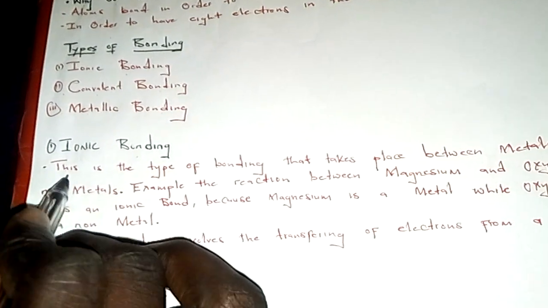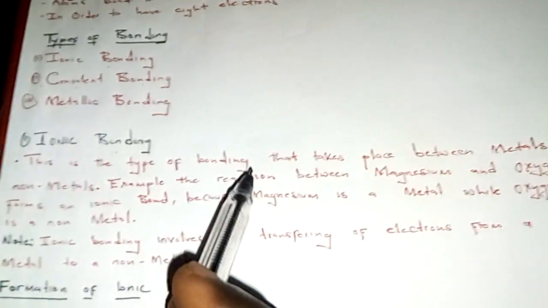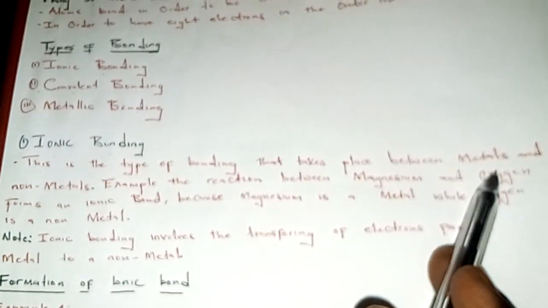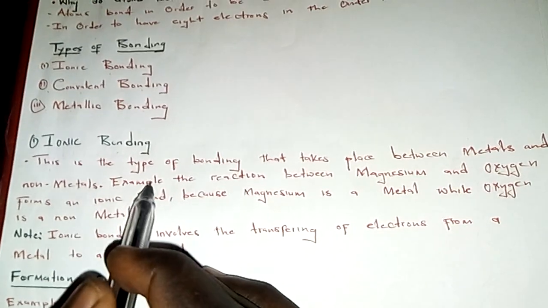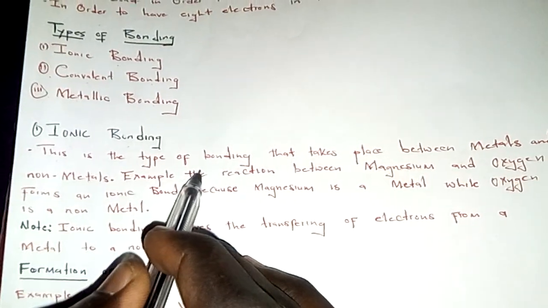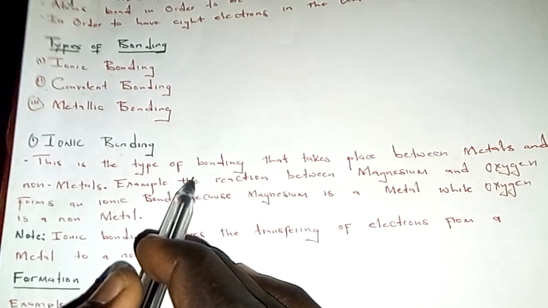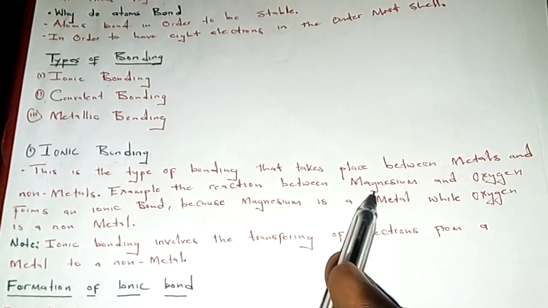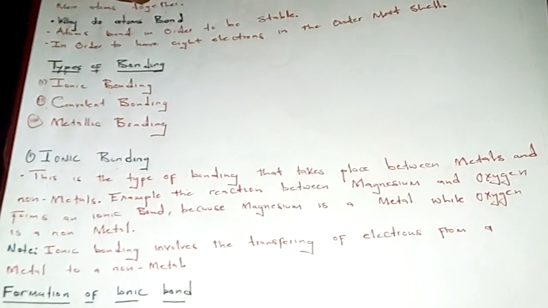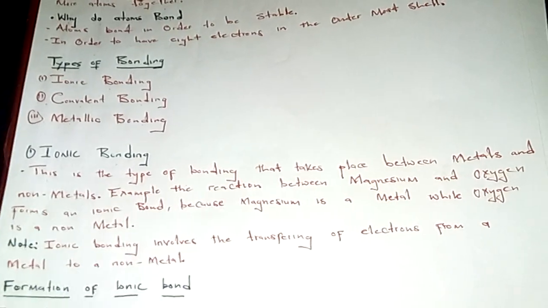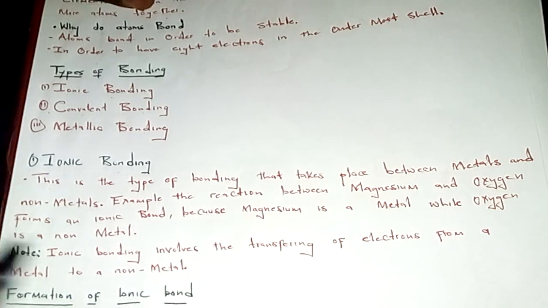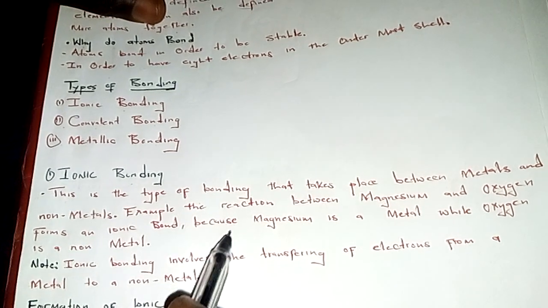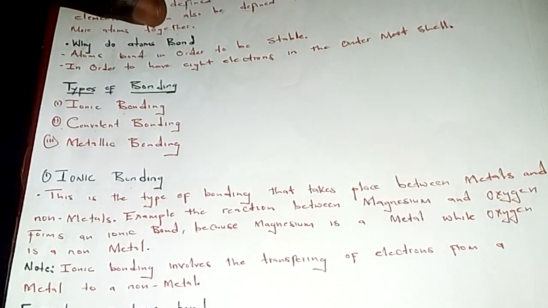Ionic bonding is a type of bonding that takes place between metals and non-metals. When a metal and a non-metal react, they form an ionic bond. For example, the reaction between magnesium and oxygen. Since magnesium is a metal, and oxygen is a non-metal, when they react, they form an ionic bond.